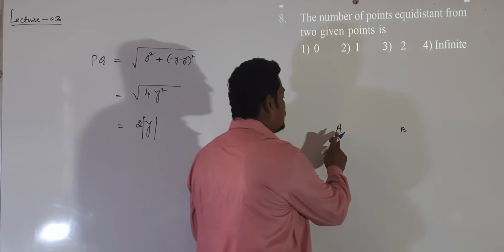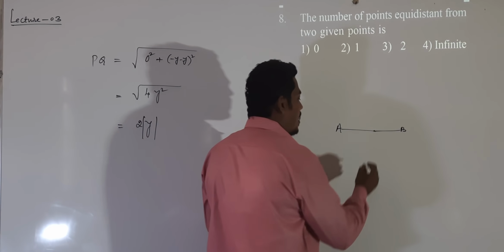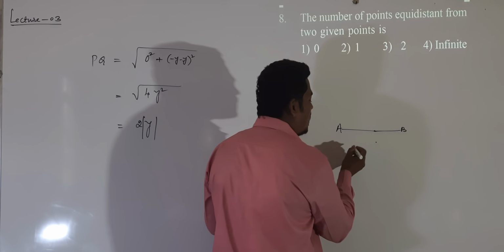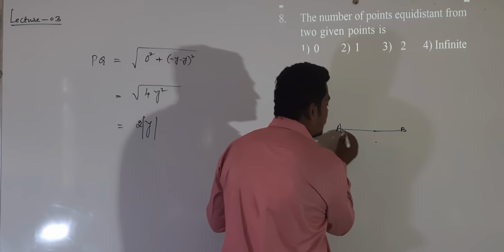If I take a point here, clearly this point is at equal distance from A and B, or else the point may be here, these two distances are equal. This point is also equidistant from A and B. If I take a point here, then also these two distances are one and the same. If I take a point here or here or here or here, and similarly here, clearly these two distances are one and the same, and so on. So how many points are there which are equidistant from these 2 points?